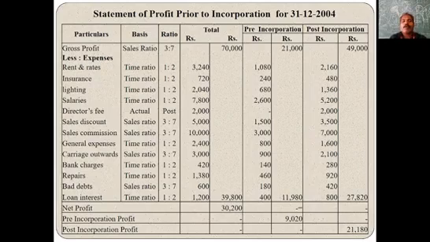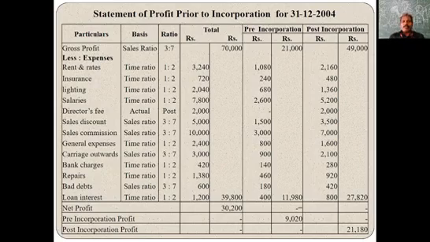It's also allocated on the basis of time ratio. 720, 240, 480. Lighting also allocated on the basis of time ratio. 2,040, 680, 1,360. Salaries also time ratio. 7,800, 2,600, 5,200 respectively. Director fees should be posted only for post incorporation, 2,000.